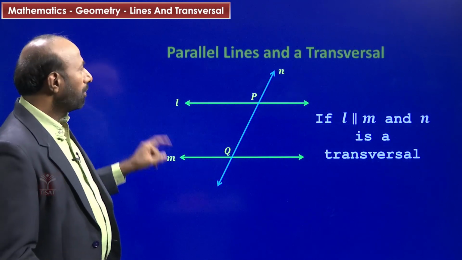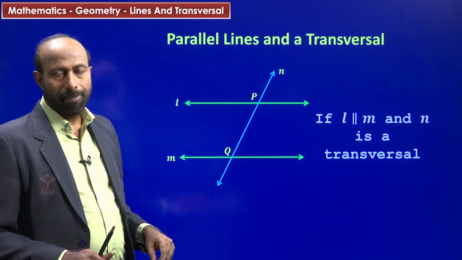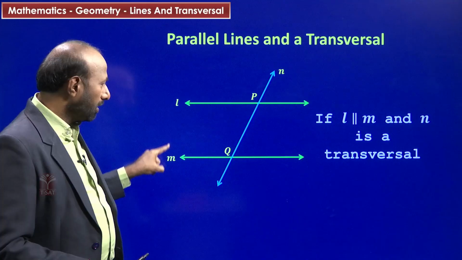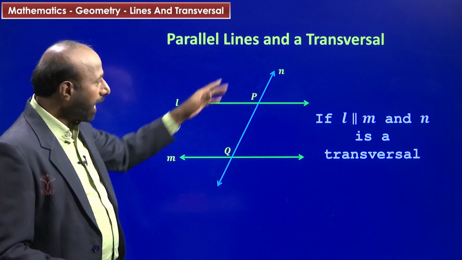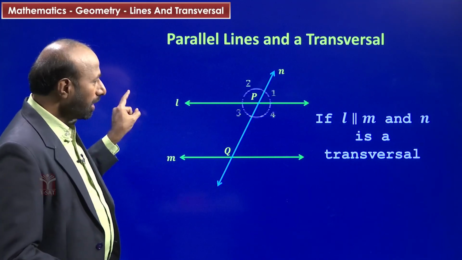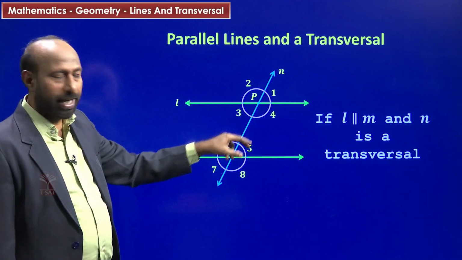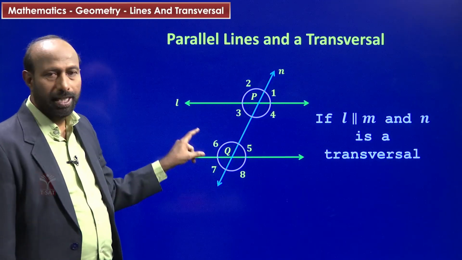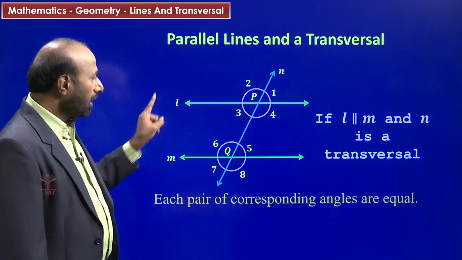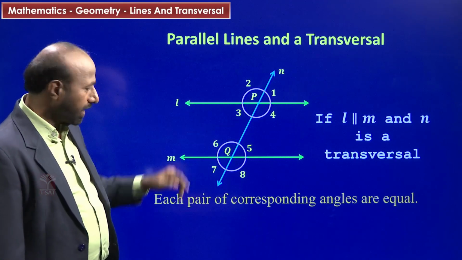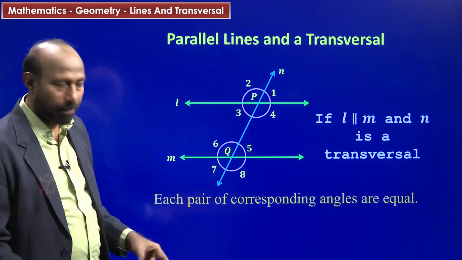Next, parallel lines and a transversal. If the line L is parallel to M and N is a transversal, now we have 8 angles, that is angle 1, 2, 3, 4 and angles 5, 6, 7, 8. If a transversal intersects two parallel lines, then let us see what happens.